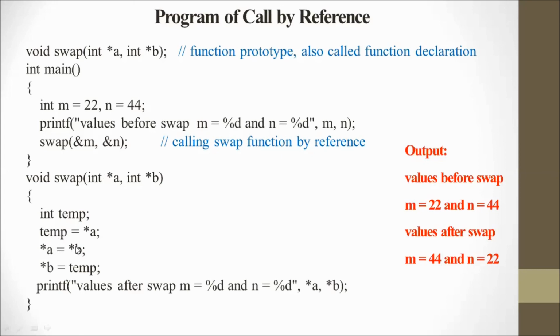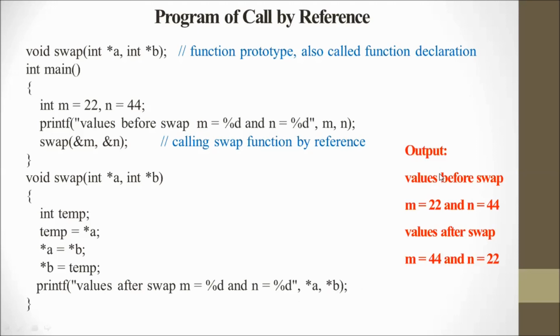So we will move the 44 to a, so a becomes 44, and the temp value will be stored in b, which is 22. Okay, and the print function prints the message: value after swap m equal to 44 and n equal to 22. Okay, so here we use pointers.